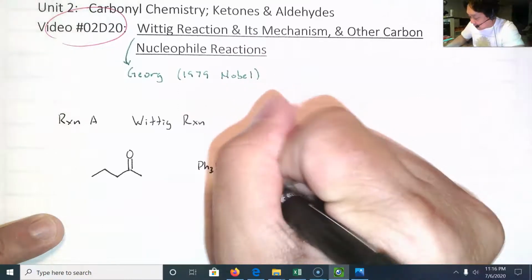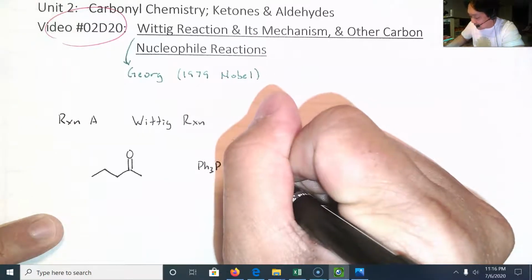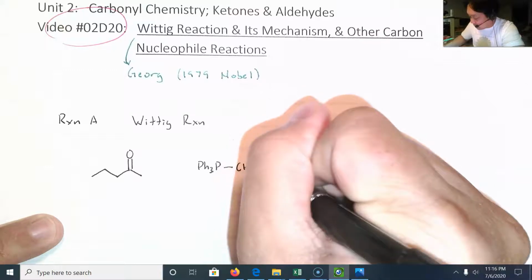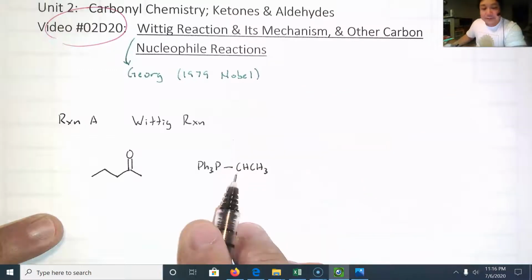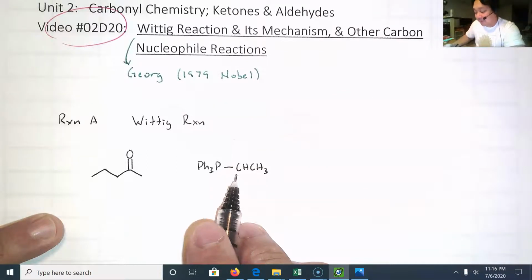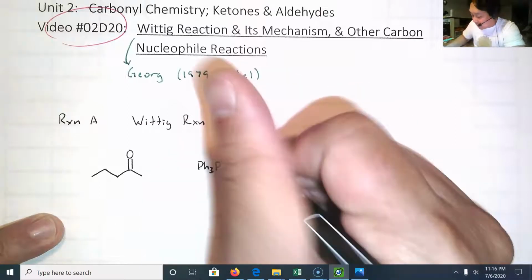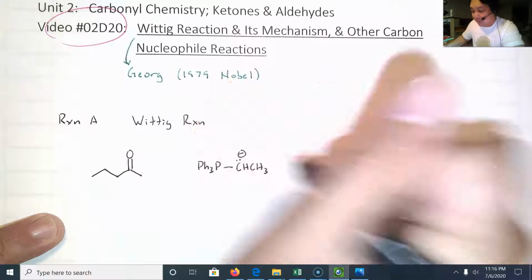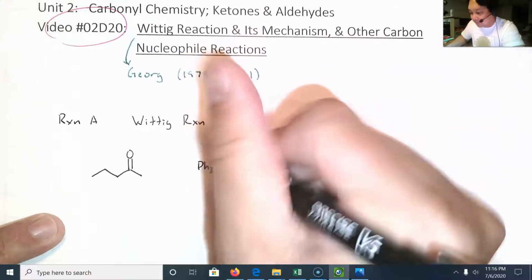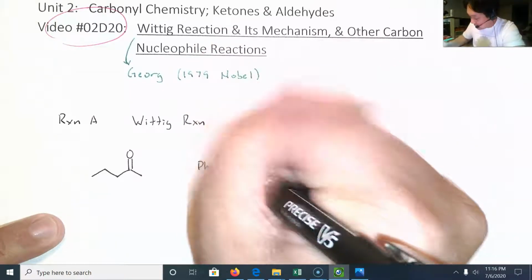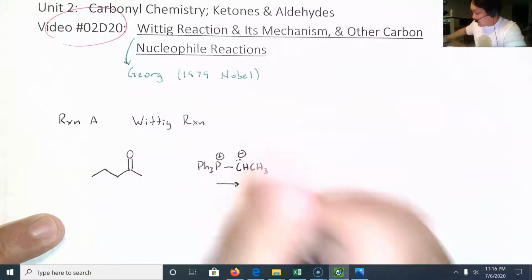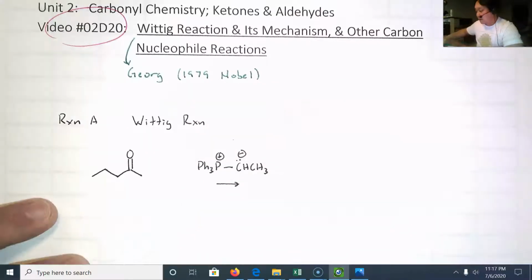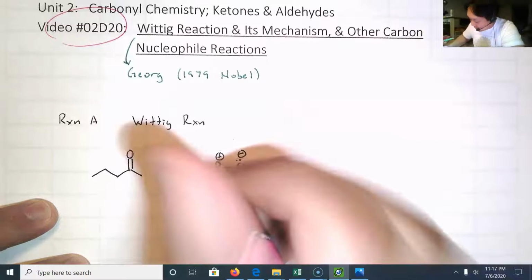In this case, I'm going to do CH. So if you notice, the carbon right here has only 3 bonds. It does have a lone pair, and it's negative. And then the phosphorus is going to be positive. That is called the Wittig reagent.